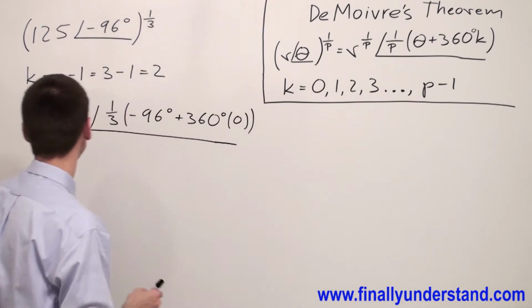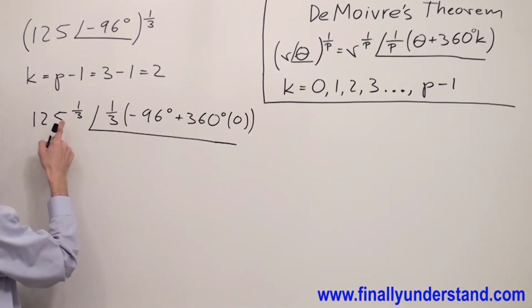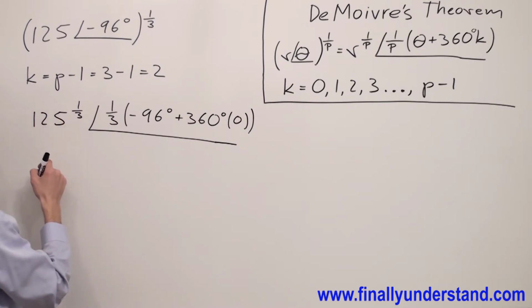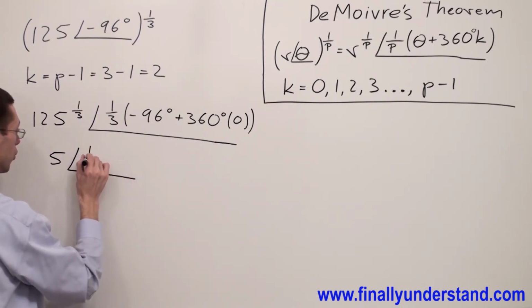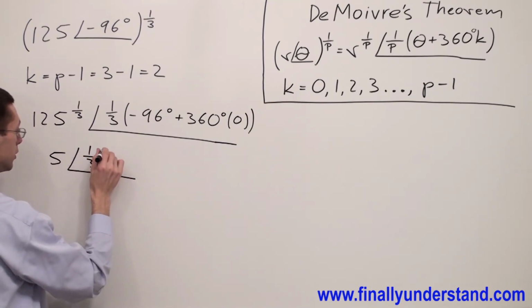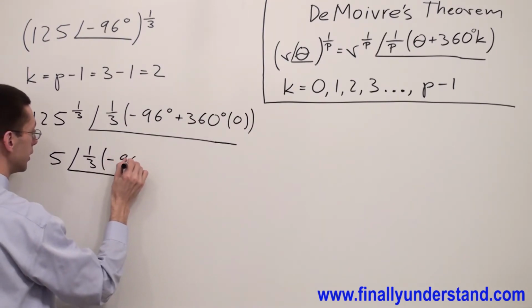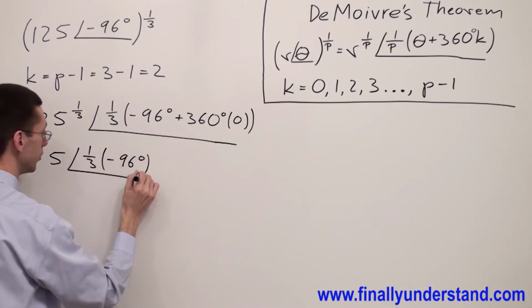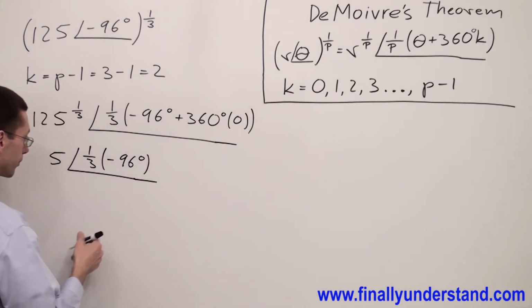Okay? So I have 125 to the power 1/3 is equal to 5. And I have angle 1/3 times negative 96 degrees, because 360 times 0 is 0.